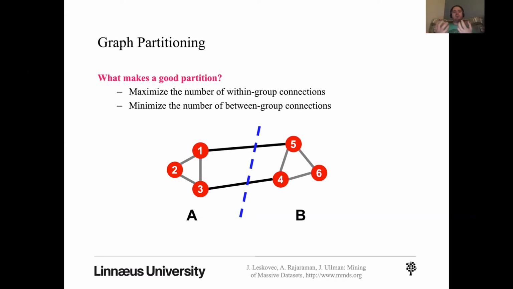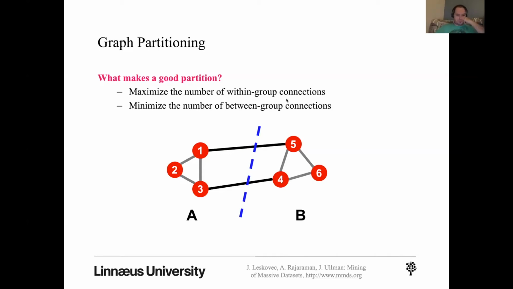The idea of being in a group is that there is strong cohesion within the group, right? At the same time, we want to make sure that when we separate these two groups, there aren't many edges between them, because if there are many edges between them, then it's harder to partition them into groups, right?